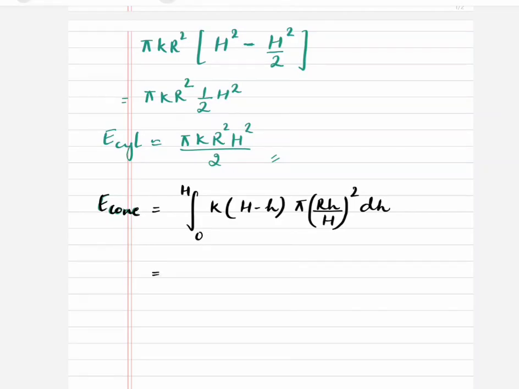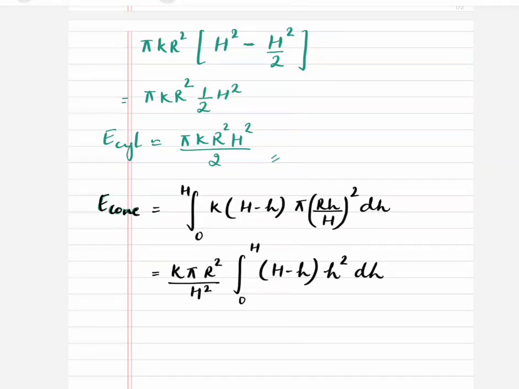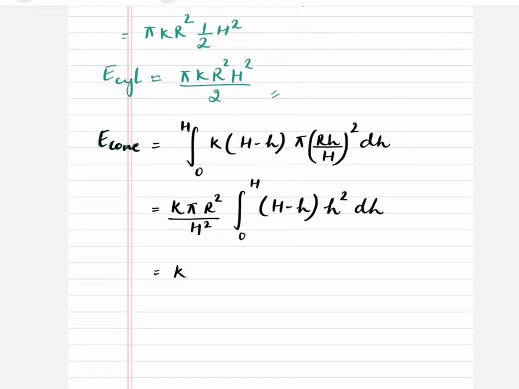Again, anything that's constant we can bring out. So k is constant, pi is constant. Here R square and H square are both constant, so R square over H square can come out, and we are left with the integral from 0 to H of (H minus h) h square dh.